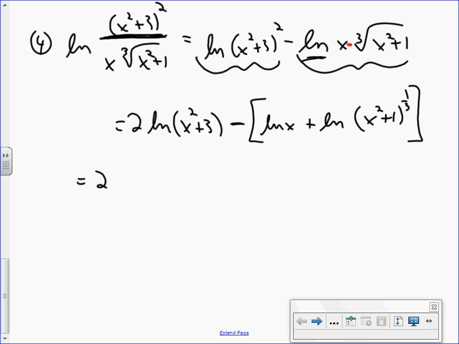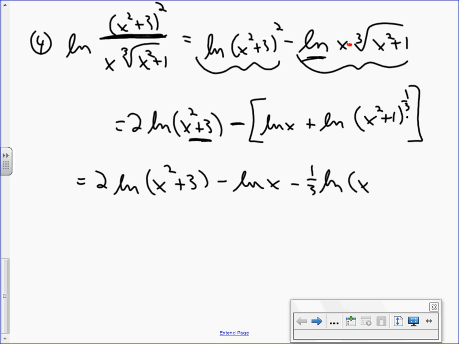And I just have to copy this again. Remember, you can't break them up if it's a plus, okay? So this will be minus the natural log of x, and I'm going to go ahead and distribute that minus, and then I'm going to pull that 1/3 down, 1/3, the natural log of x squared plus 1. All right, so that's expanding, using the properties to expand.